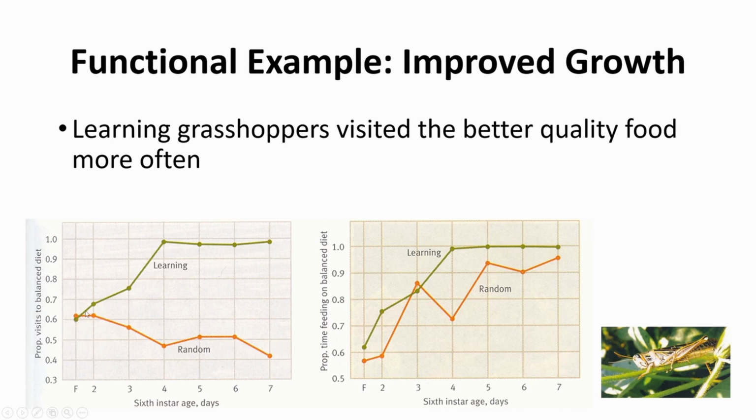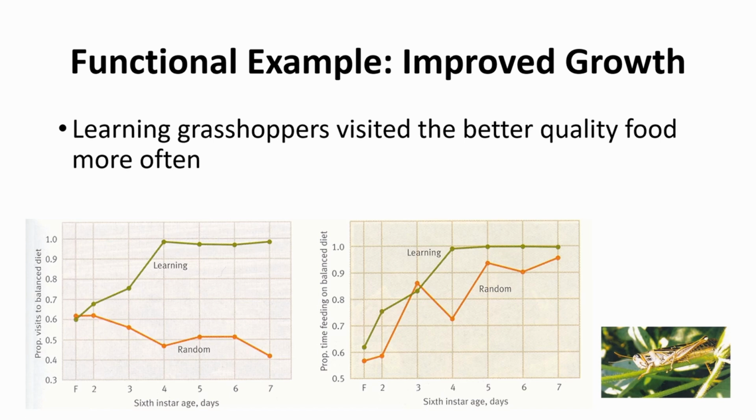And so we can see for the green line, our learning line, it took them a little while to figure it out. At first, the green and the orange are pretty much the same, but after about 3 or 4 days, they've figured out the association and know which side or which color or which smell to go to. And these are the proportion of visits to the balanced diet. So 100% of the time, pretty much, they were visiting the balanced diet plate.